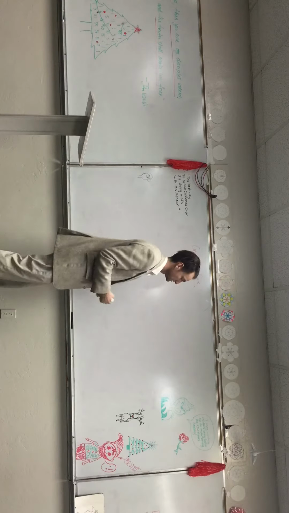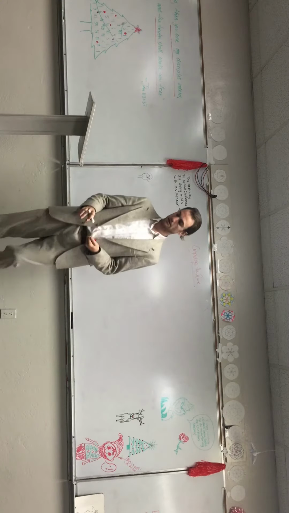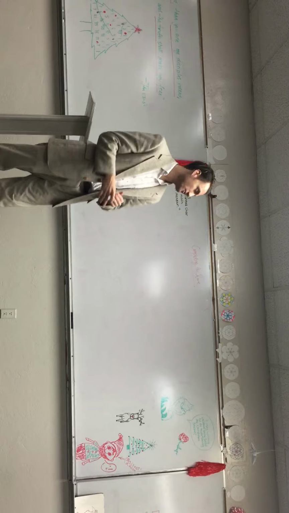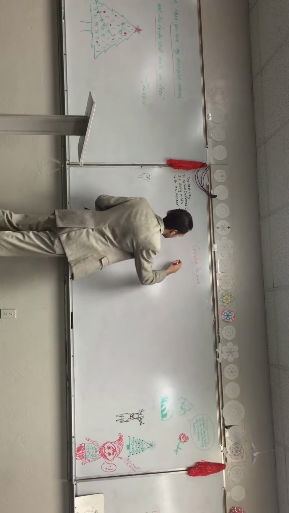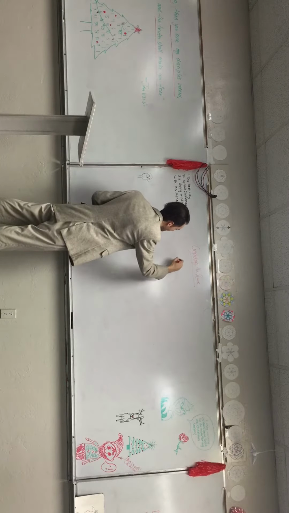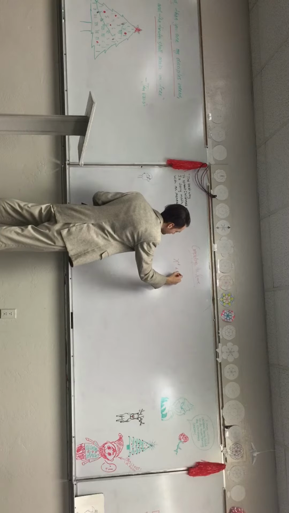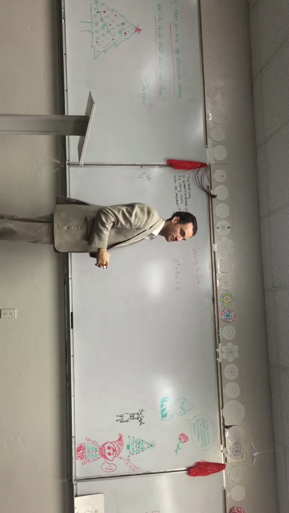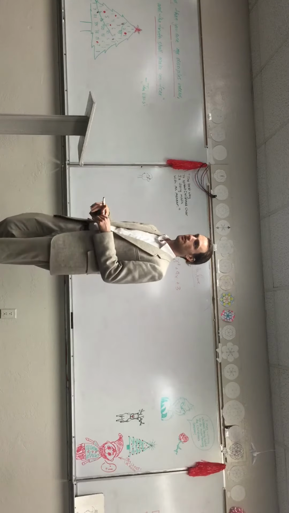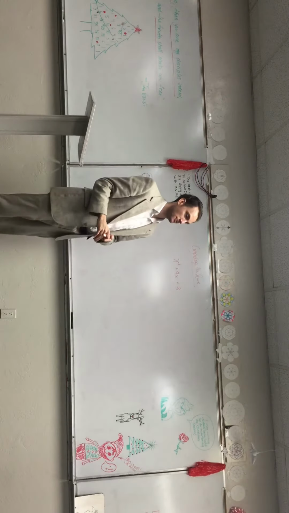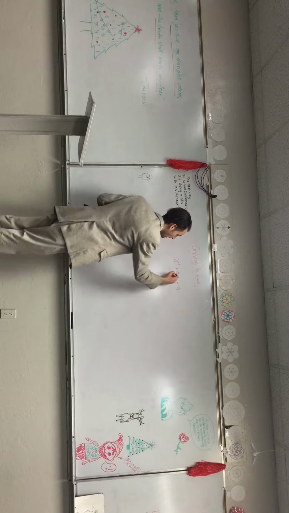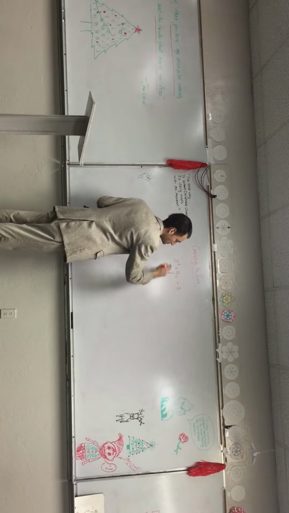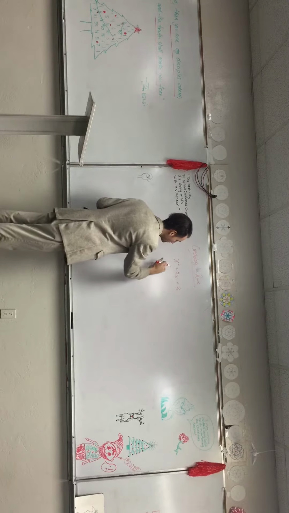Completing the square. If I have x squared plus 4x plus 3, and I want to complete the square, this is what I do. I take the middle term. First I rewrite the equation.